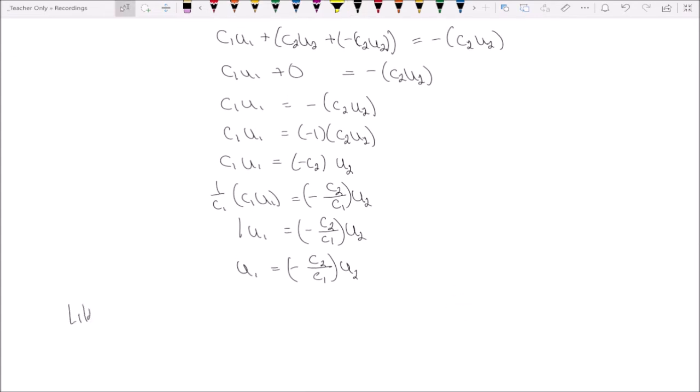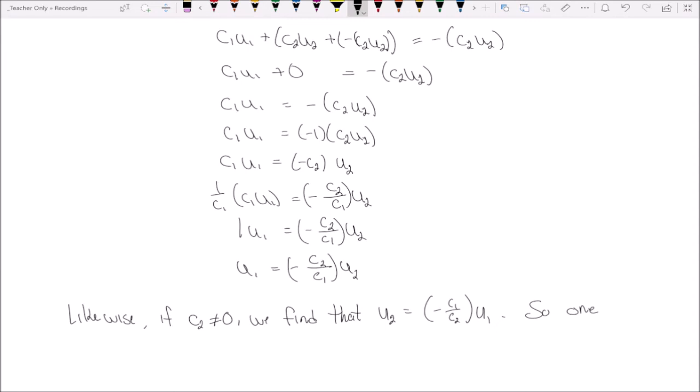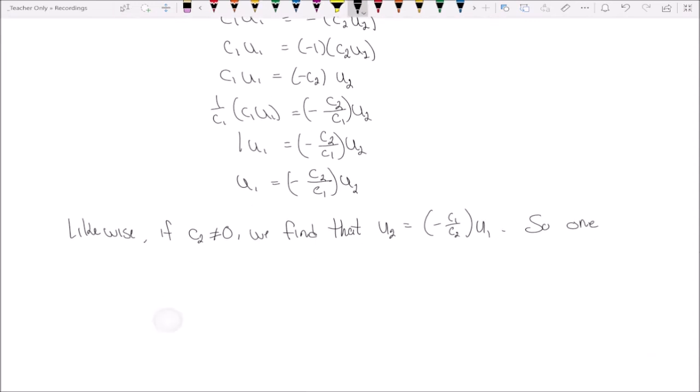Likewise, if C2 is non-zero, we find that U2 is negative C1 over C2 times U1. So one of the vectors is a scalar multiple of the other.